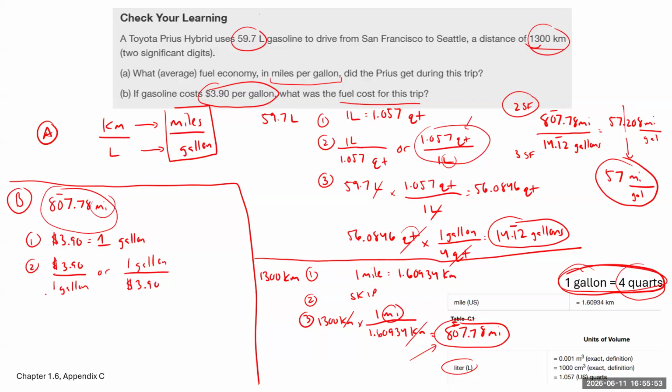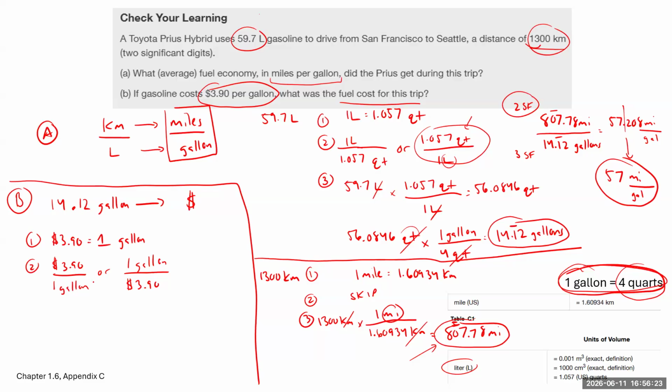Since we have miles here, sorry, 3.90 per gallon. Sorry about that. Oops. Let me go back up. So we're actually going to use gallons because we're trying to find the cost. So my bad. We're actually going to use 14.12 gallons. And we're trying to figure out the dollars, right?